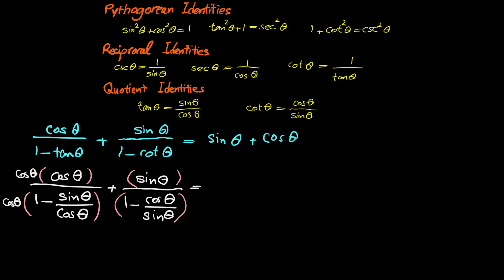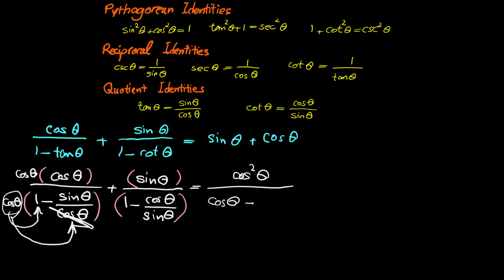What happens by this? In the numerator we have cosine times cosine, which is cosine squared theta. The denominator: if we multiply cosine by 1, then we have cosine theta minus. When we multiply cosine by this fraction, the cosine from the denominator with the cosine from the numerator cancels, and we have only minus sine theta. So the denominator is cosine minus sine.